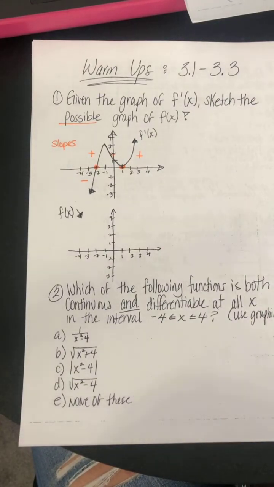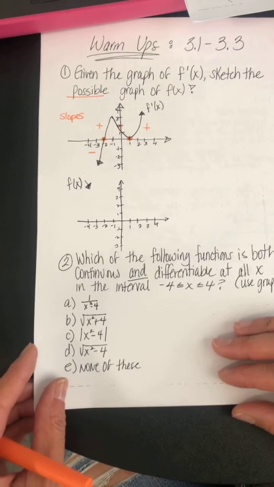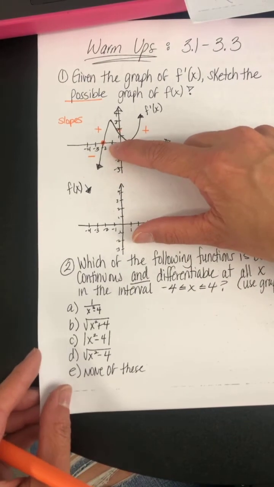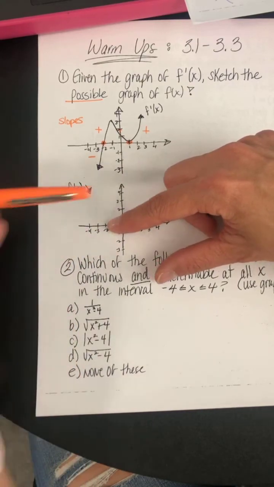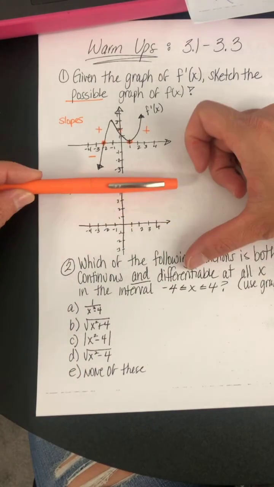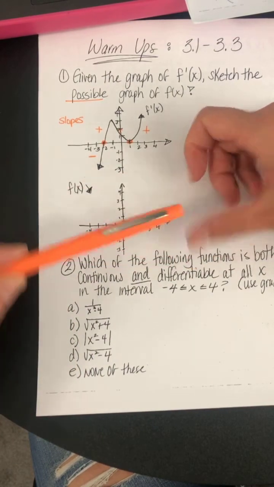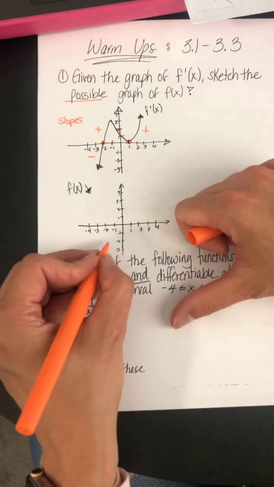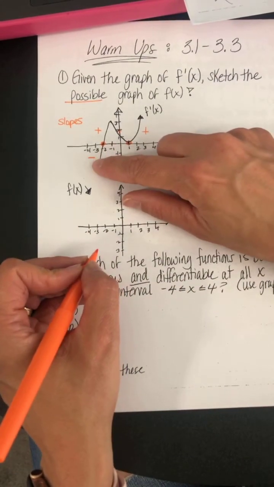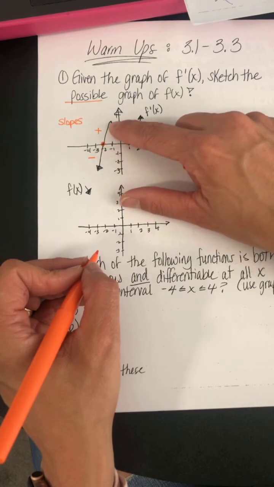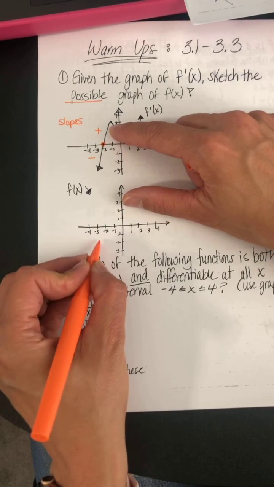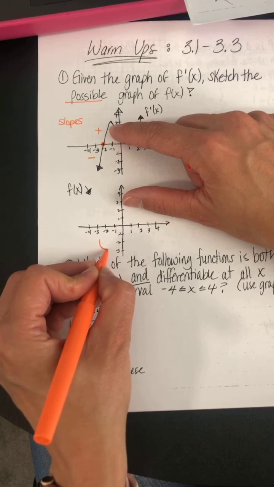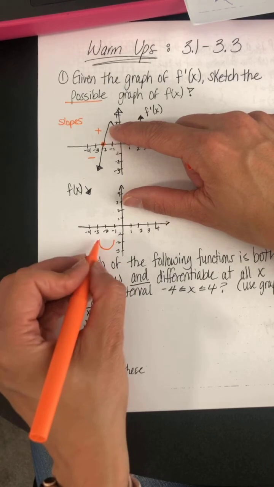All right, so how do we tell? Well, let's first start with the left-hand side. So we have at -2, there should be a horizontal tangent somewhere. So I could have it up here, down here. It doesn't really matter, okay? I'm going to put it down here. So since it's going from a negative slope to a positive slope as it crosses over the x-axis here, that means I know I'm going down, flattening out, and then back up.